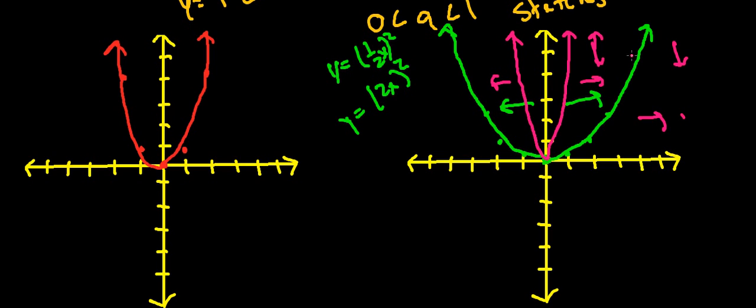Because a lot of the times now, once we know the fundamentals of what causes compression and stretching, it's not really necessary for us to graph it out. We say, oh, here we have something being multiplied by an x. It's being inserted into the x value. So therefore, this is a horizontal change. It's going to compress it horizontally because it's going to increase faster.